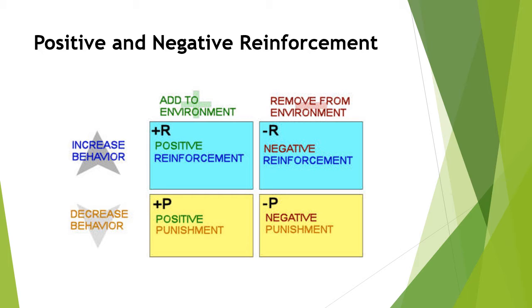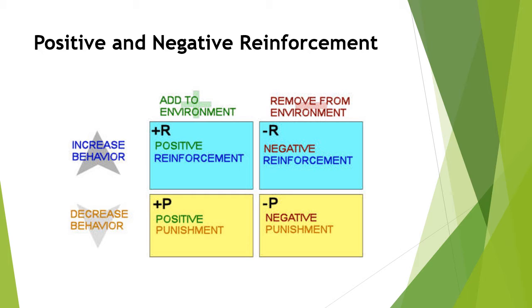Basically, the person gets something, and it increases the future likelihood of the behavior. Negative reinforcement: something is removed from the environment. Someone is relieved of something they don't like, and this increases their behavior. That is positive and negative reinforcement.